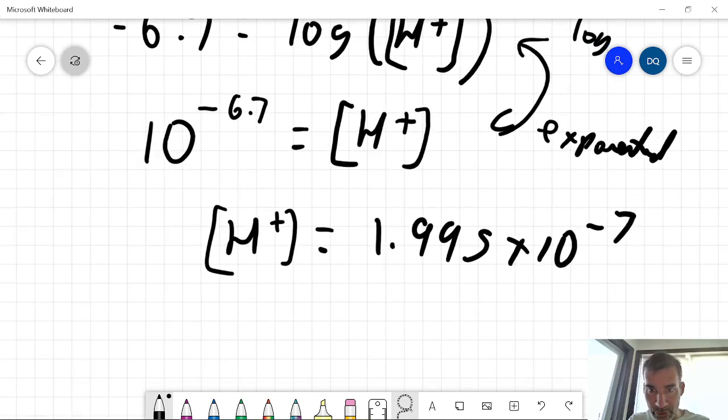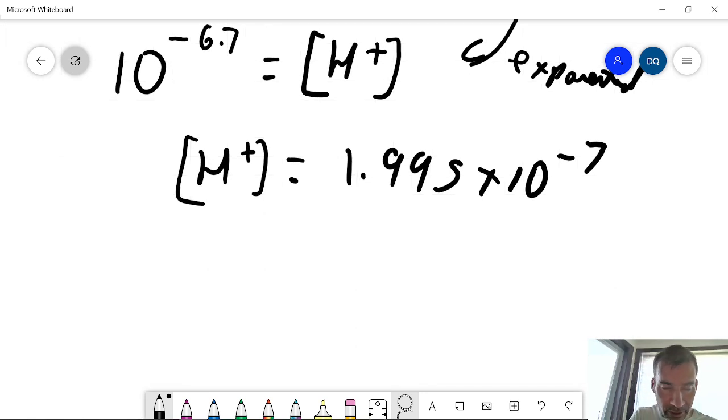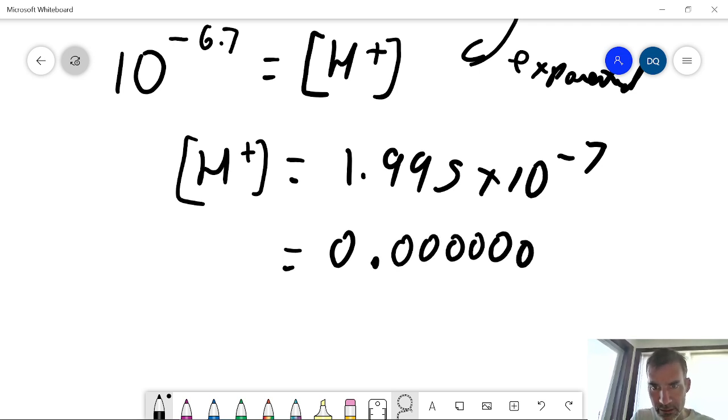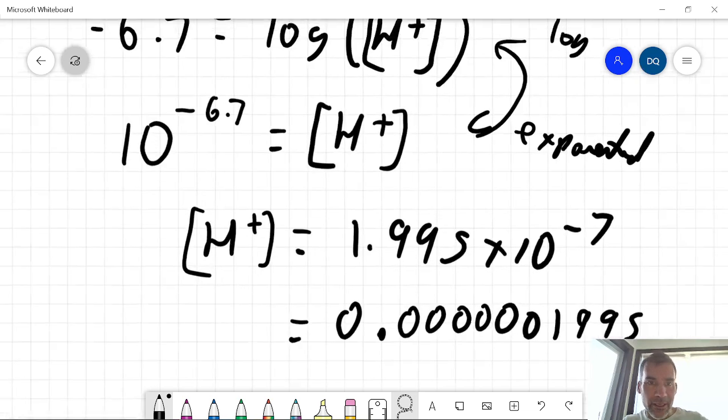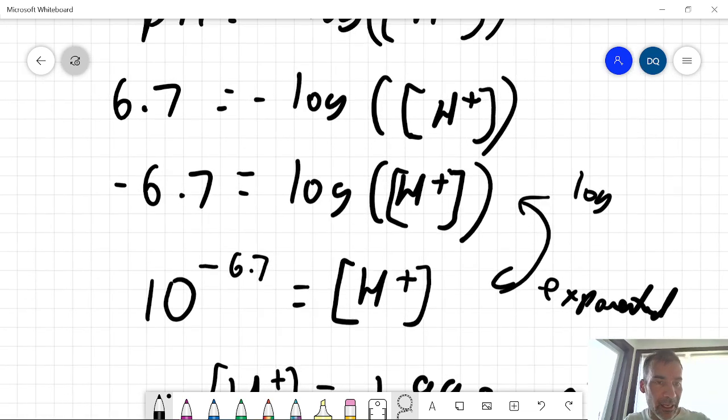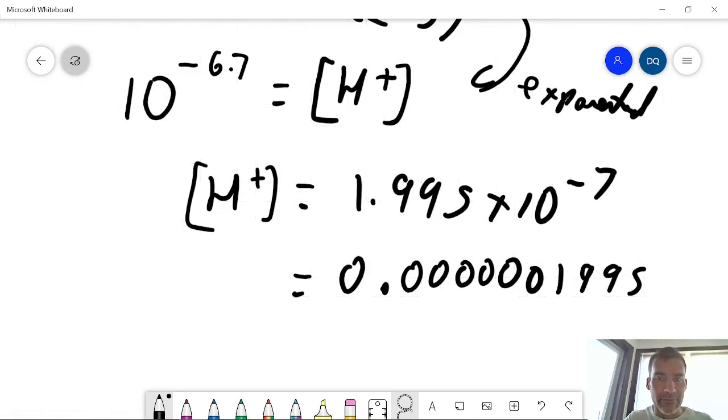Sorry, I'm just getting used to reading the scientific notation off of the calculator on my computer. So you could also write that as 0.0000001995. That's the H plus ion concentration if your pH value is 6.7.